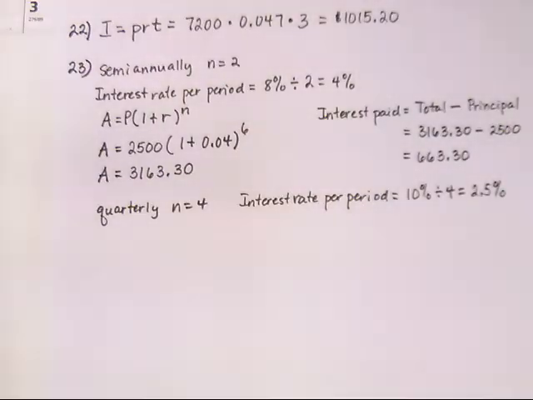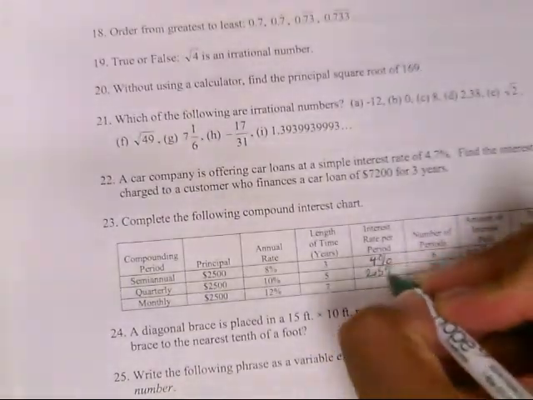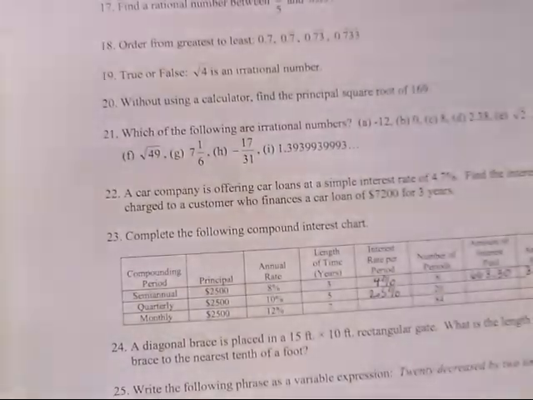So the interest rate for each period will be 2.5%. So that goes here.